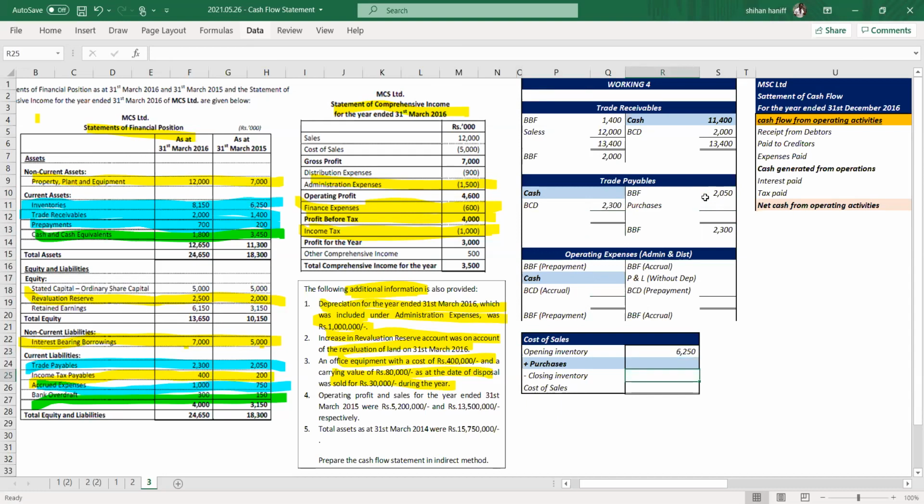Closing inventory 8,150. Cost of sales 5,000. $6,900. $6,650.